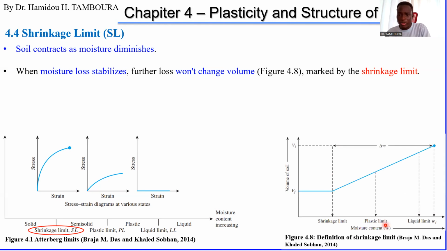We can explain this with this figure. The moisture content is on the horizontal axis and the volume of the soil on the vertical axis. Initially, you are here with the initial water content, or again, moisture content, and initial volume. If the amount of water in the soil decreases, the volume is also decreasing.